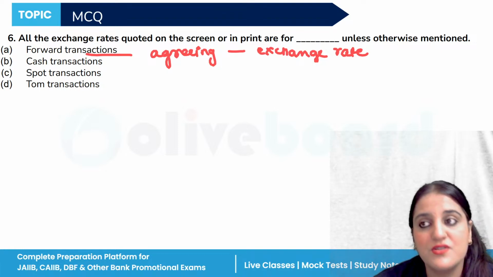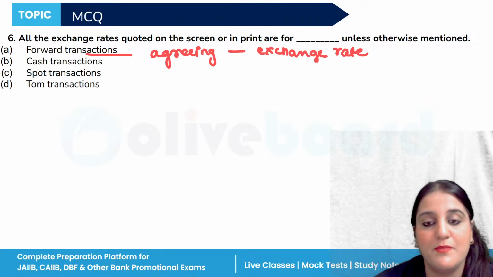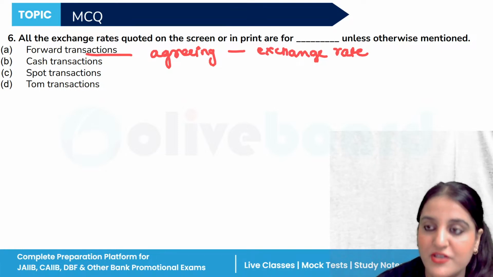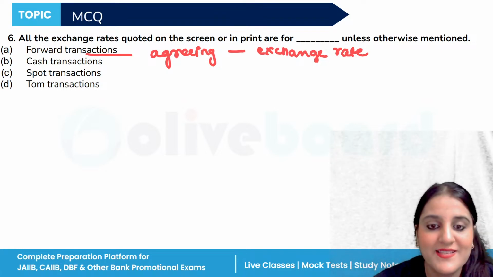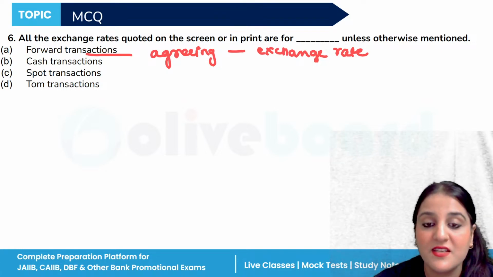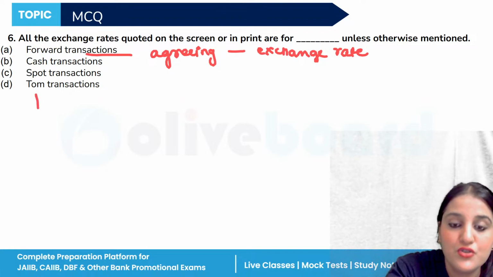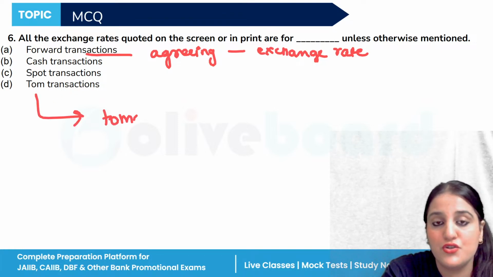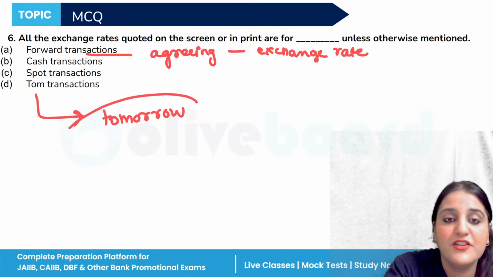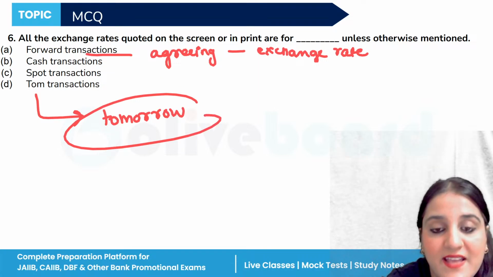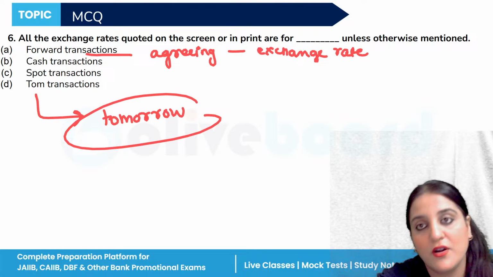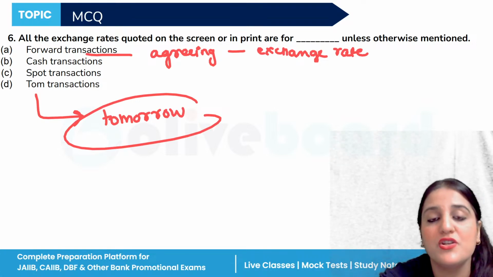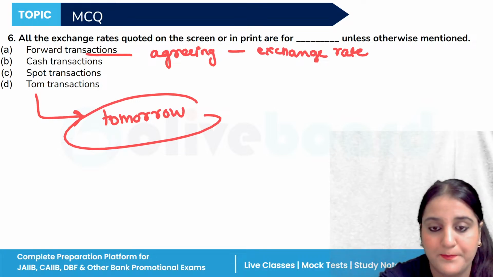These rates are not the standard rates quoted unless stated. Cash transactions refer to the same day settlement of a foreign exchange transaction. These rates are usually different from spot rates and need to be explicitly mentioned. And tom, which is basically tomorrow transactions, are settled on the next business day after the transaction date. These rates are not standard and will not be mentioned separately if applicable.